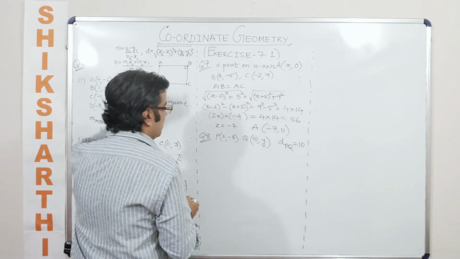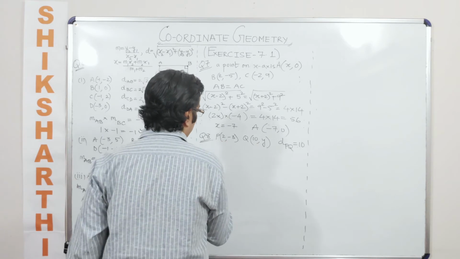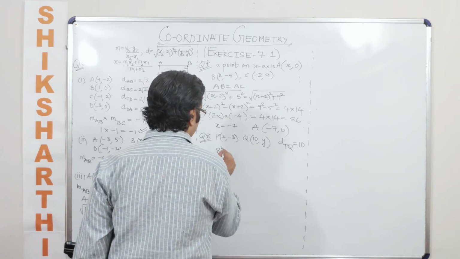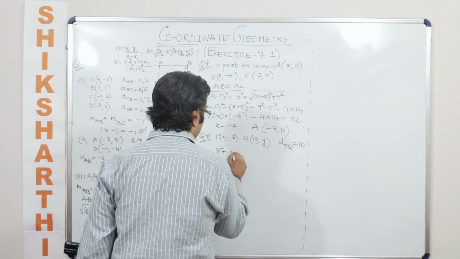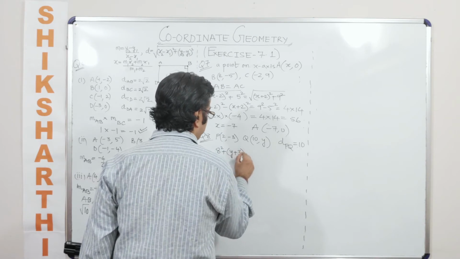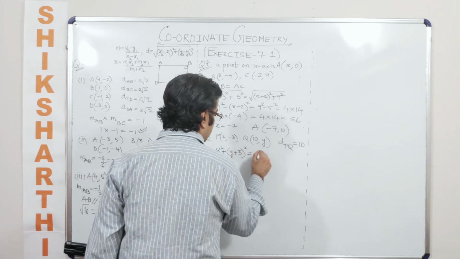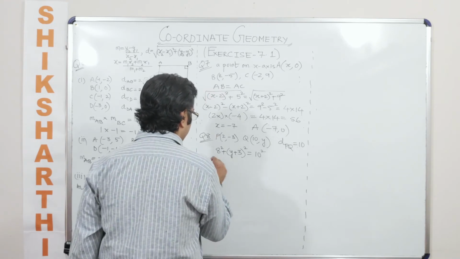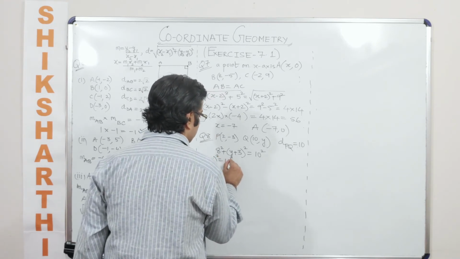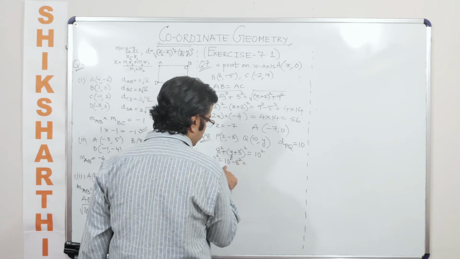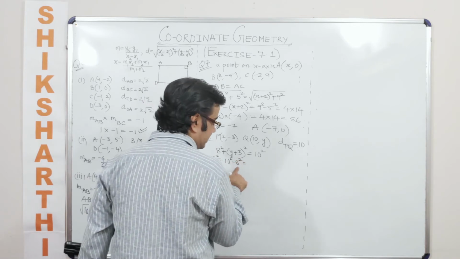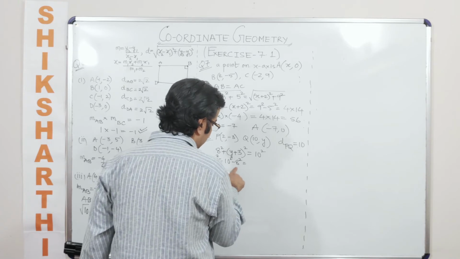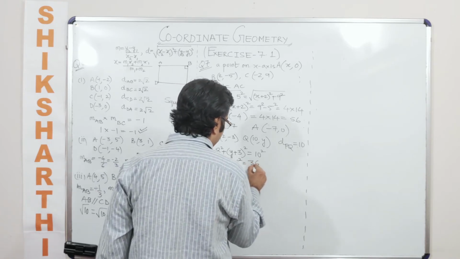Applying the distance formula, you can say (10 minus 2), which is 8 square, plus (y minus of minus 3), which is (y plus 3) whole square, is equal to 10 square, squaring both the sides. And then from here you can say (y plus 3) whole square is equal to 10 square minus 8 square. Using a square minus b square, you will be able to say that 10 plus 8 is 18, and 10 minus 8 is 2, which is 36.